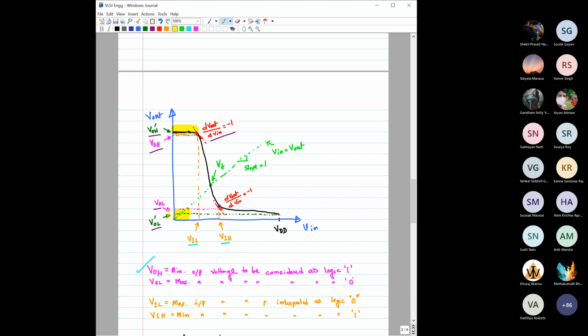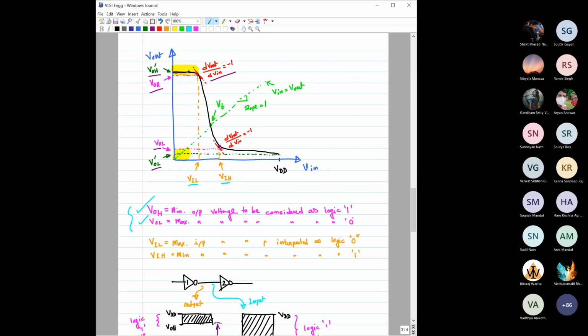Similarly, any voltage in the output below VOL is considered as logic 0 output. Are these two definitions clear, or do you have any doubt? Clear, right? Then we can see what about VIL and VIH.